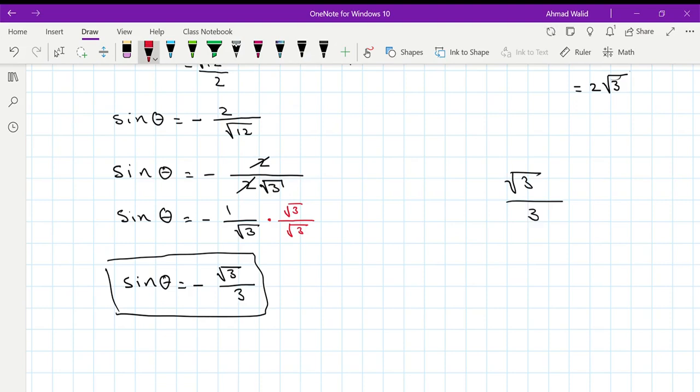Please avoid this new algebra that I see some students doing. They cancel out like this. They say, oh, square root of 1, oh, the answer is 1. You cannot do that, right? One of the 3s is under the square root and the other one is outside. If it was like this, the square root of 3 over the square root of 3, yes, you can simplify here.